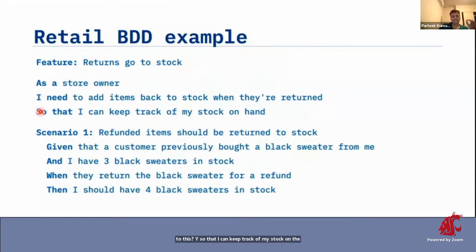So it has three components. Every user story has three components. First is who, then second is what, and third part is why. So as a store manager, what I need is to add an item back to the stock, and why I need it is so that I can keep track of my stock on hand. And then in order to support that user story, we write scenarios, and every scenario has three components: Given, When, and Then.